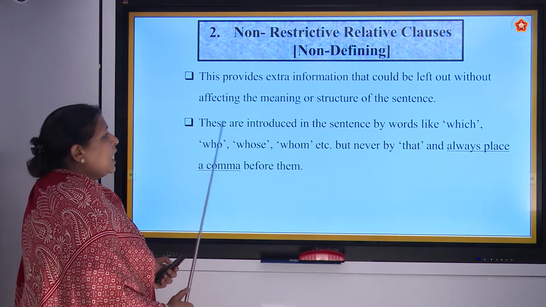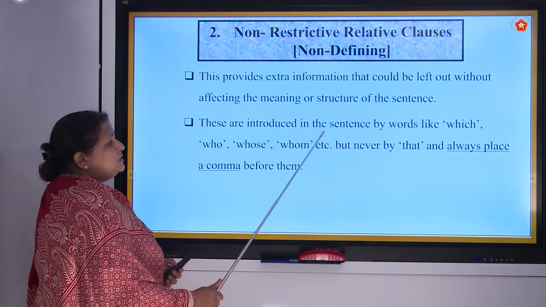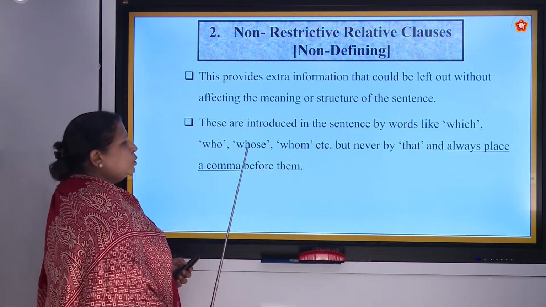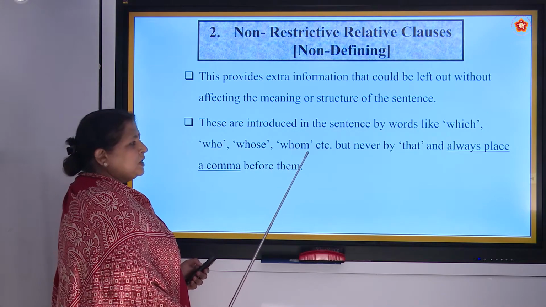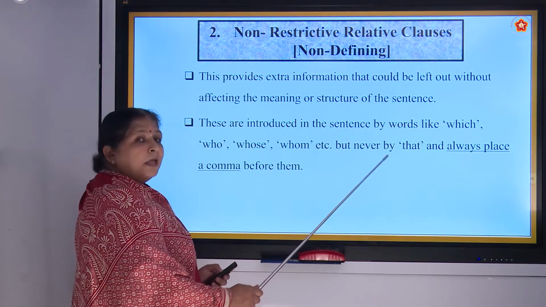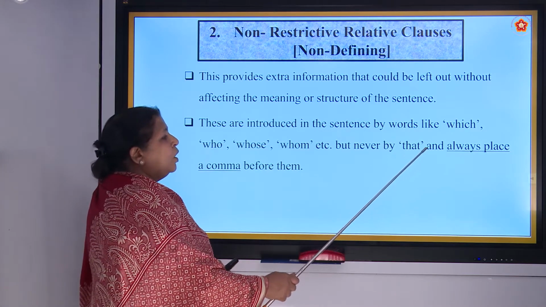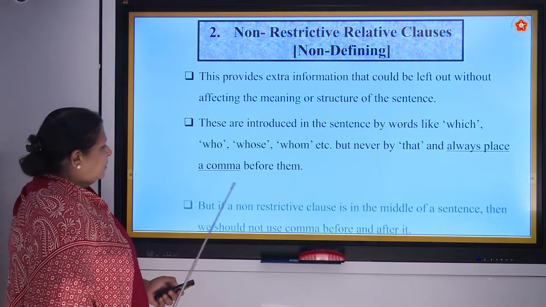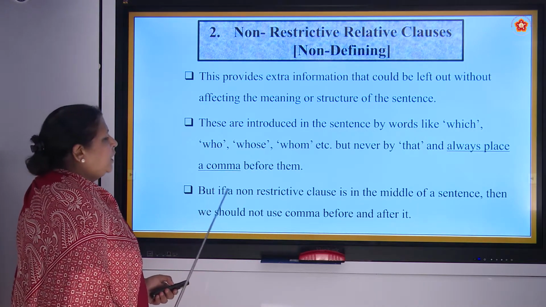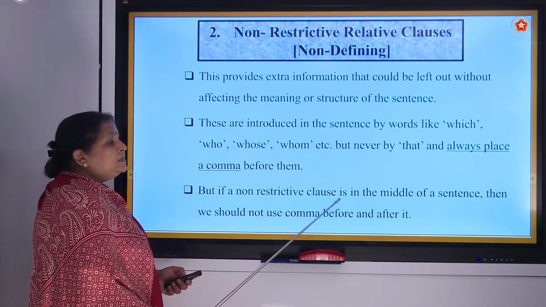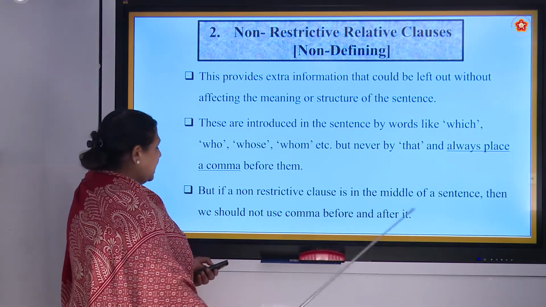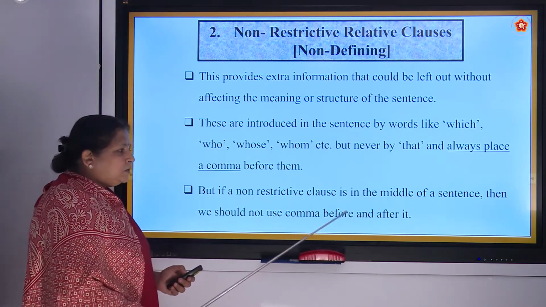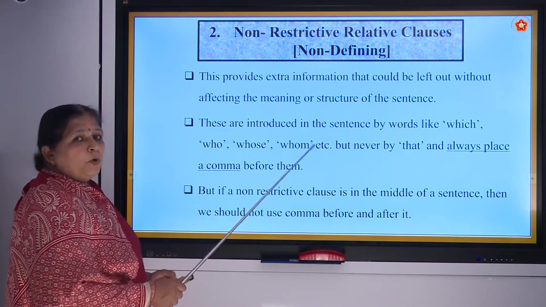But if a non-restrictive clause is in the middle of the sentence, then we should not use a comma before and after it. This point is as important as this.